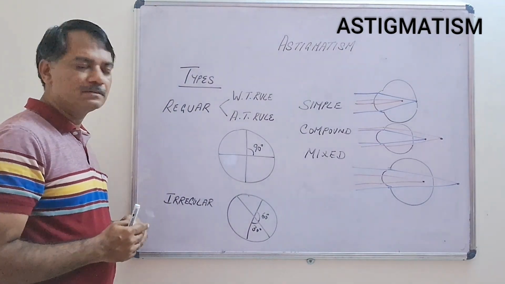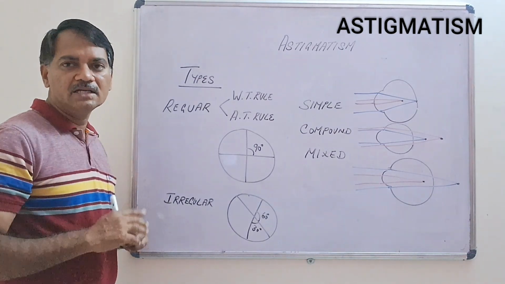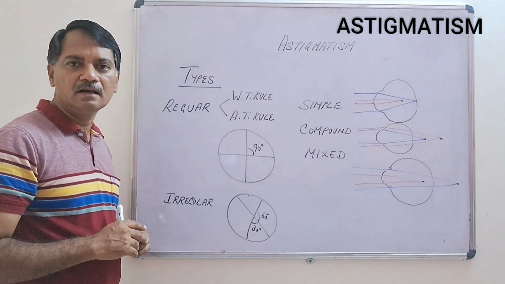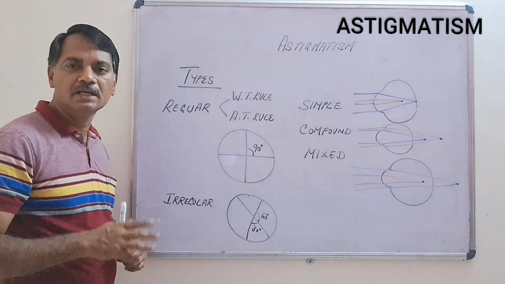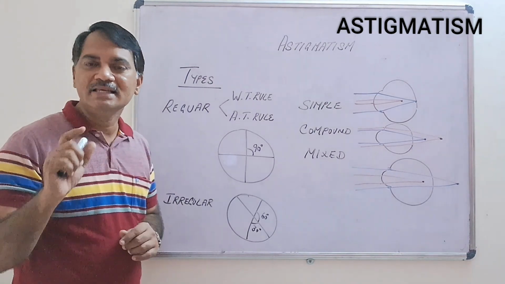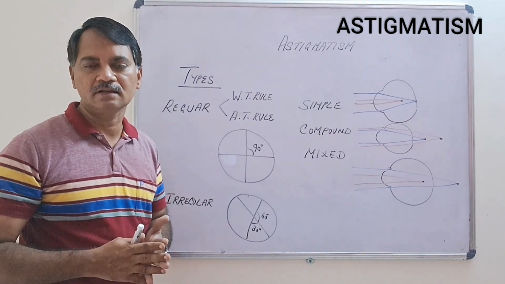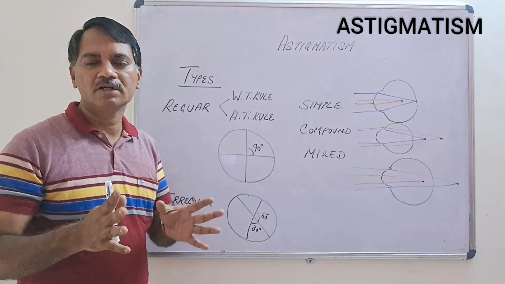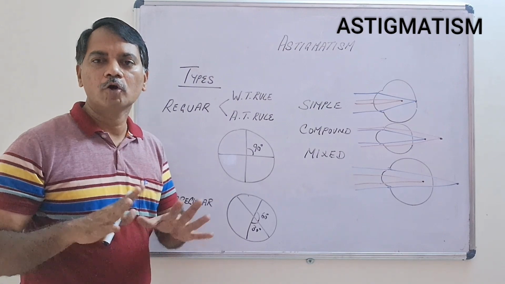Regular astigmatism is caused by change in the shape of the cornea or lens, but irregular astigmatism is caused by diseases of the cornea. If you have a corneal ulcer, the surface of the cornea becomes very irregular, like a broken road.